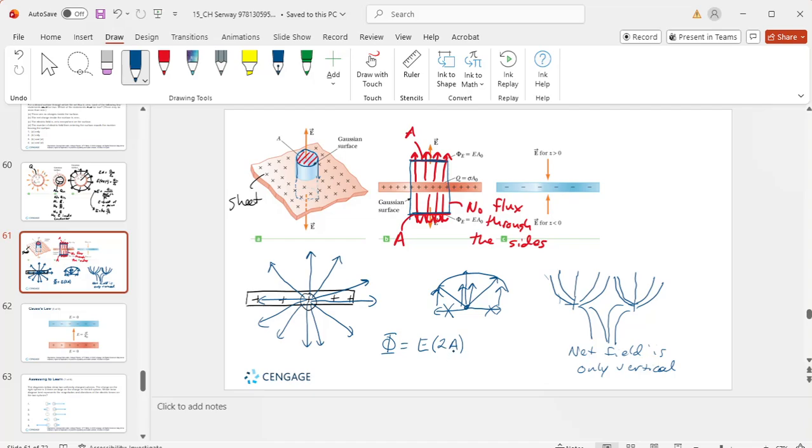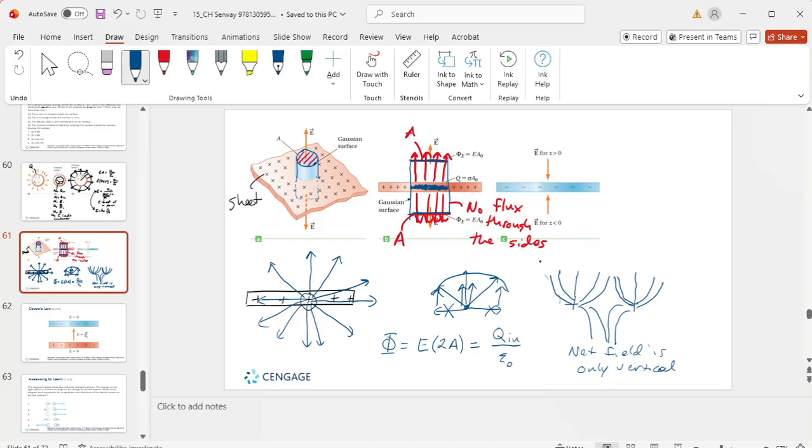So this is the area of each circular face, and 2A would be the total area that's capturing flux, and this must be equal to the charge inside, any charge enclosed within the Gaussian surface, this is my Q right here, divided by epsilon naught.